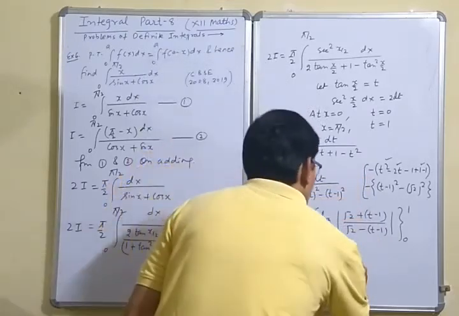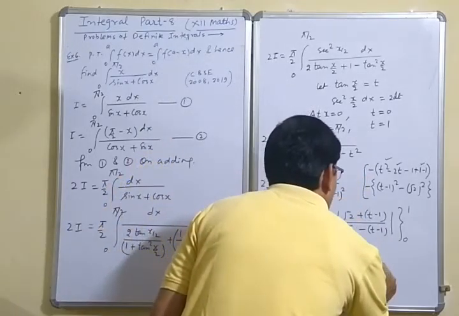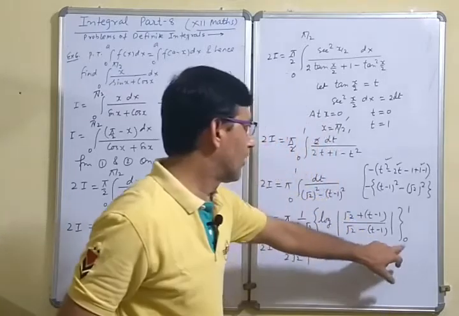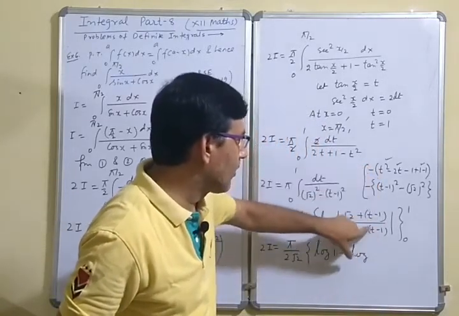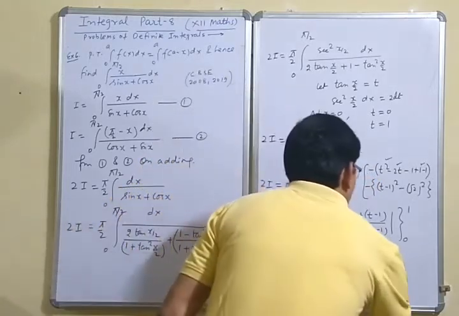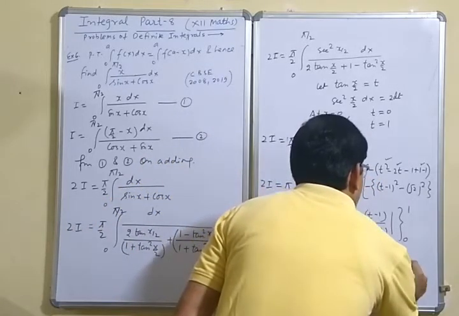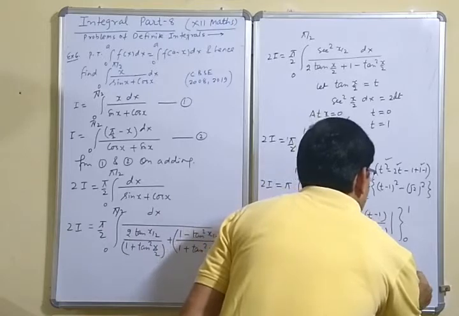So this is log 1 minus log of the lower limit. At 0, it becomes root 2 minus 1 upon root 2 plus 1.